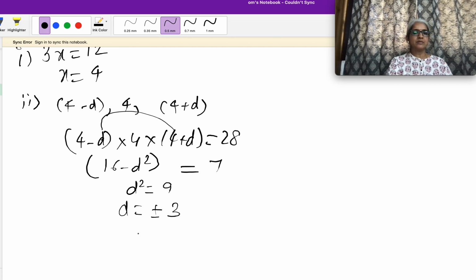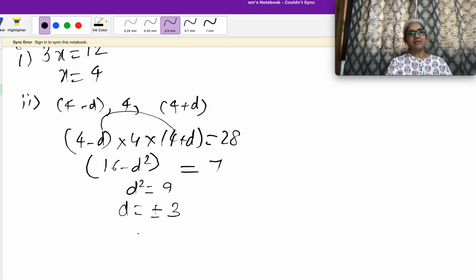So from 4, if d is 3, I go left, which is 1, and I go forward, which is 7.